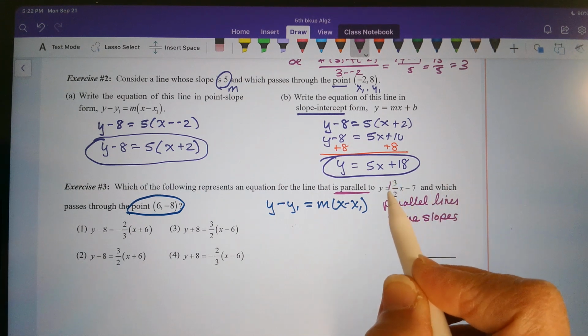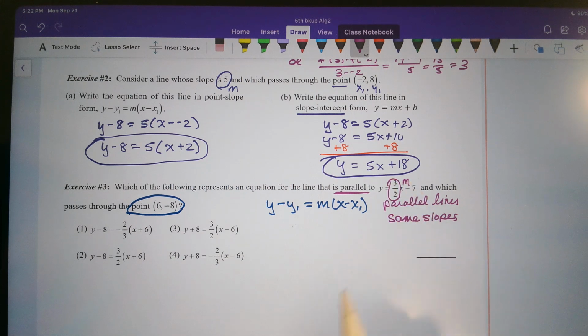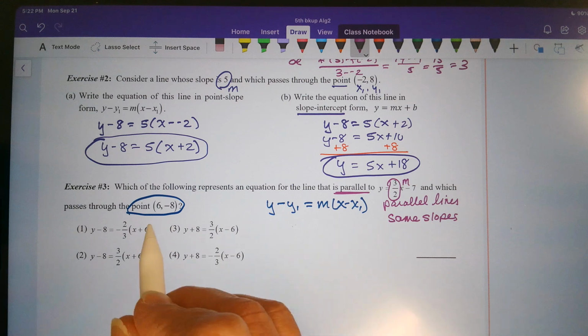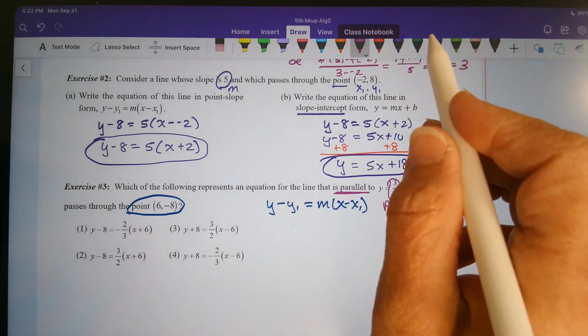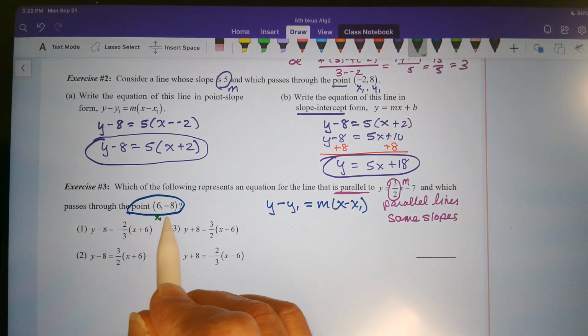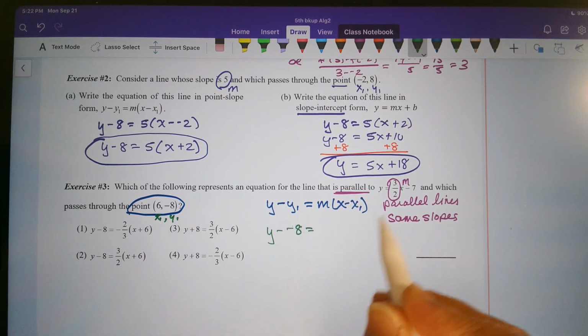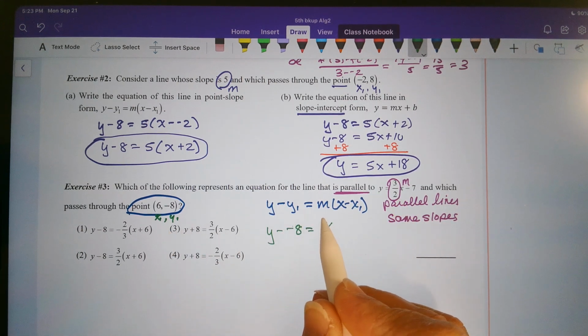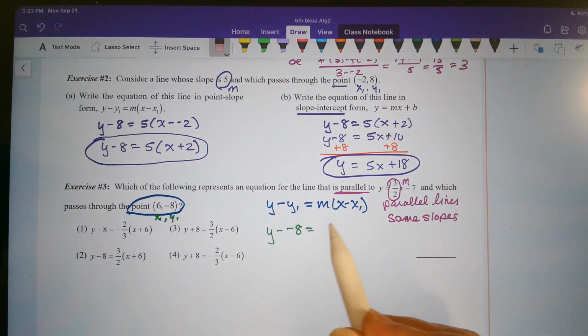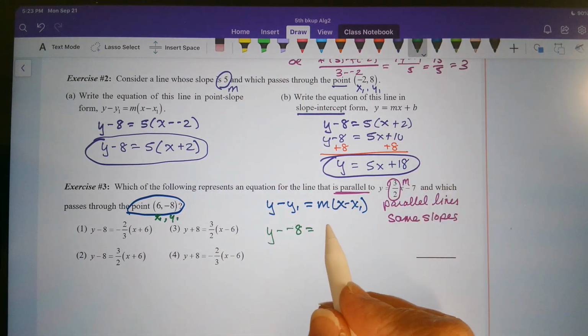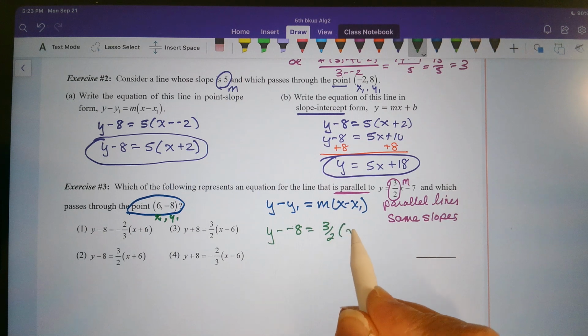So that means we use this for our slope. So 3/2 is our slope. 6 is x sub 1. Negative 8 is y sub 1. Now we substitute into our formula. y minus negative 8 equals 3/2 times x minus 6.